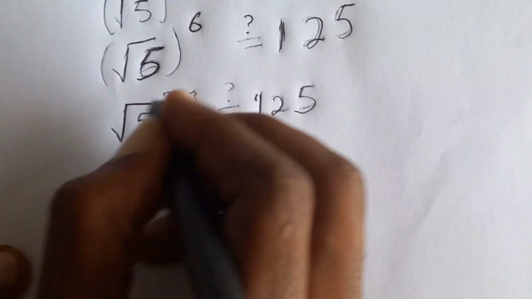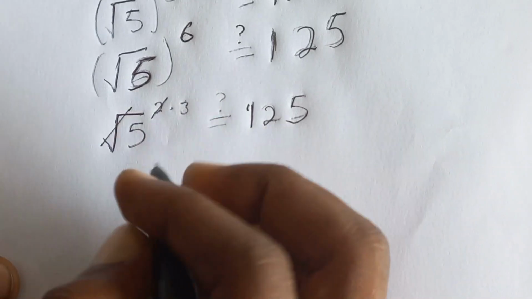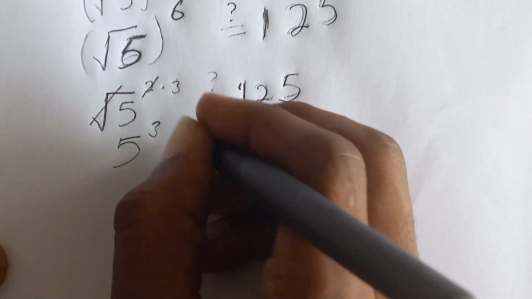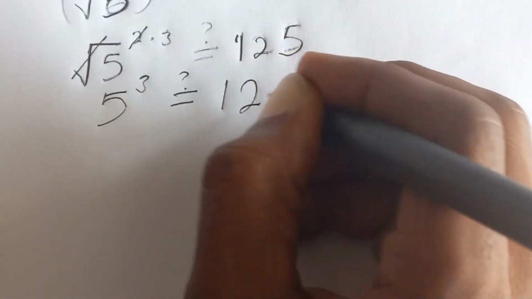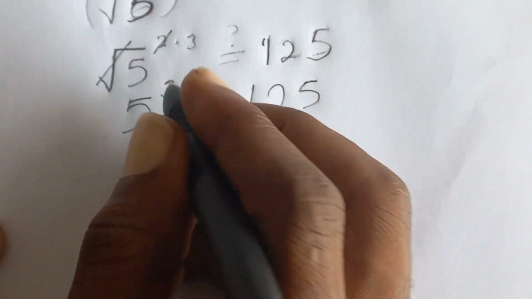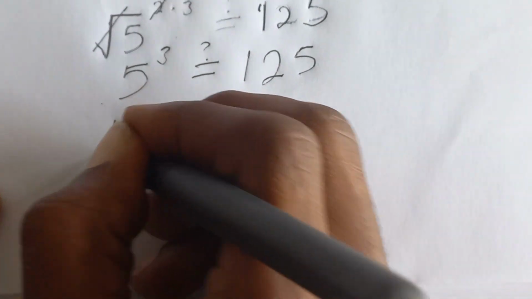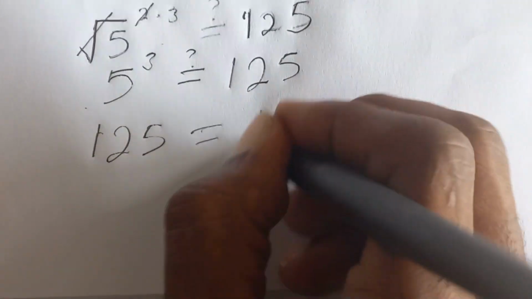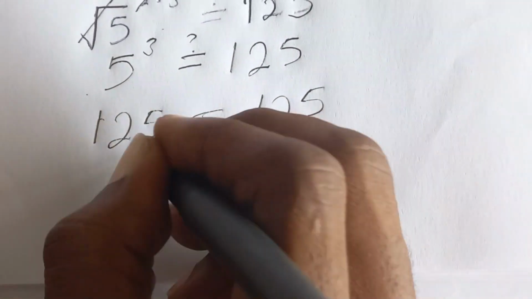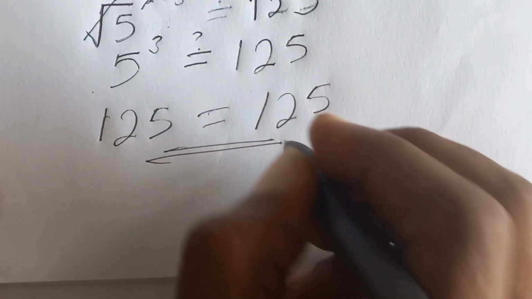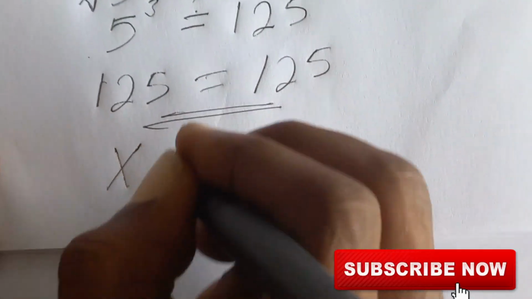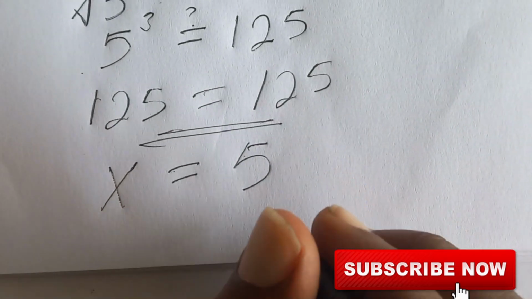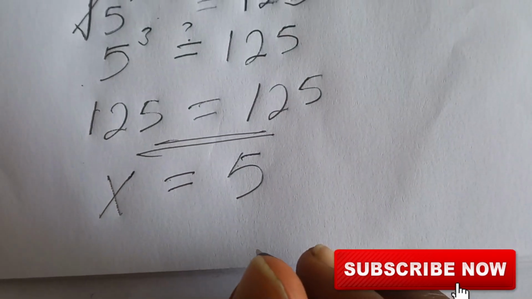So we are having 5 exponent 3, and this should be equal to 125. 5 exponent 3 is the same as 125, and it's equal to 125. So it means that our answer, which was x is equal to 5, is indeed correct, which satisfies the equation.